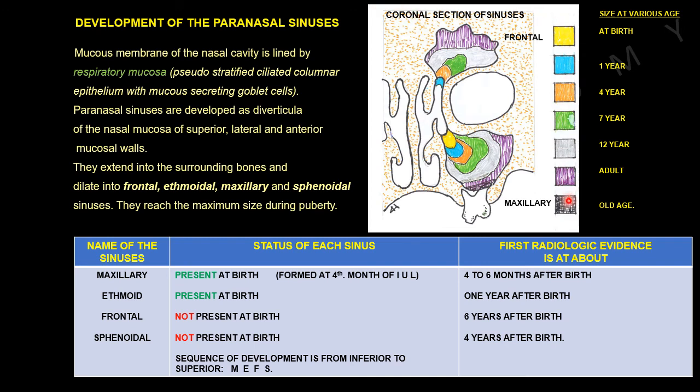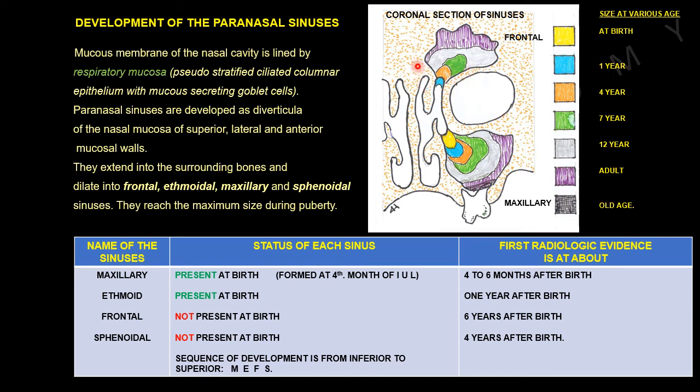This diagram is the coronal section of the paranasal sinuses on the left side of the nose. These color boxes show the size for each age group. For example, yellow means at birth, blue means 1 year, and so on.